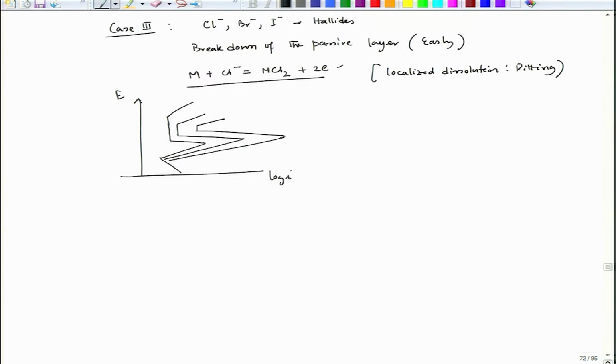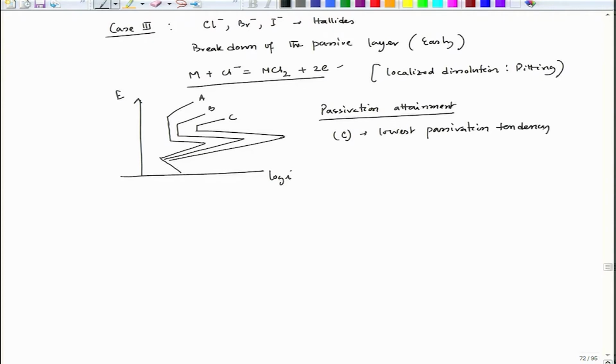Now, I could see that if I compare these three cases, this is A, B, C, I can say that passivation attainment, if I try to compare, C has got lowest passivation tendency.